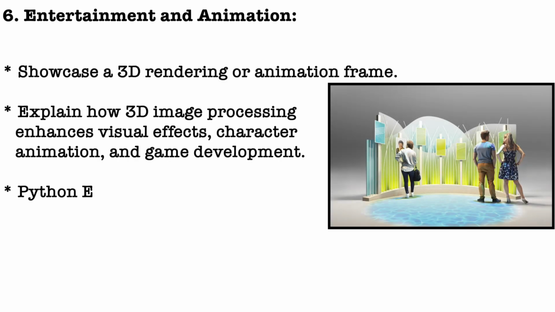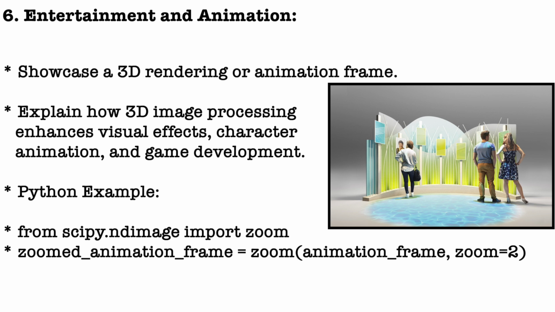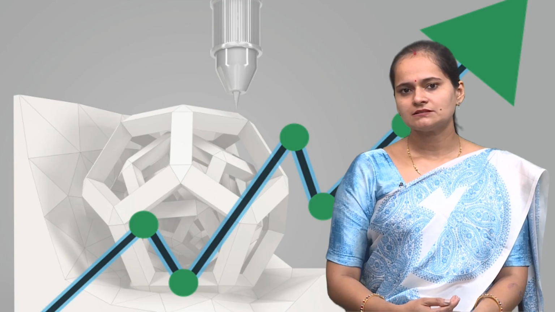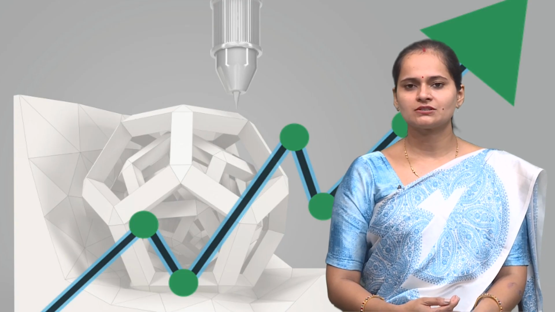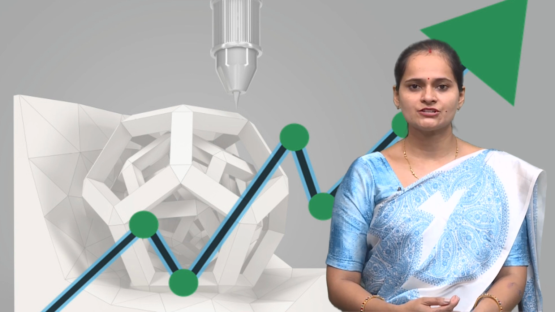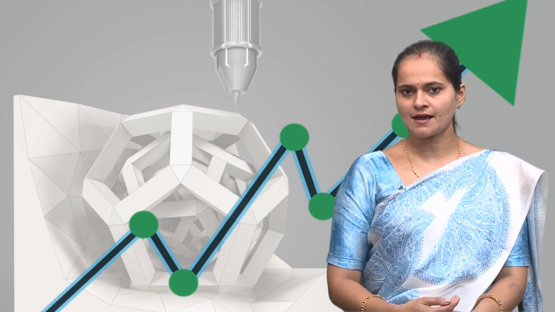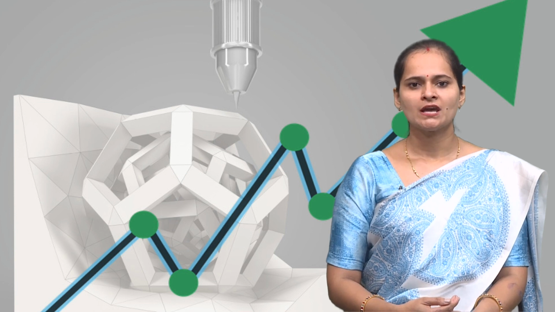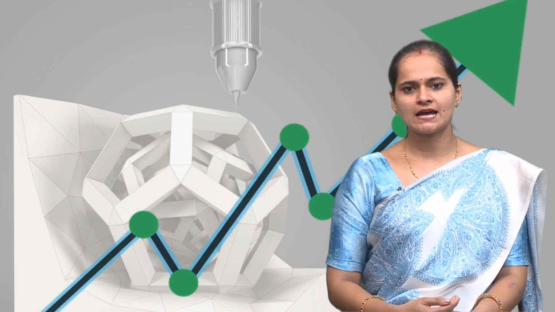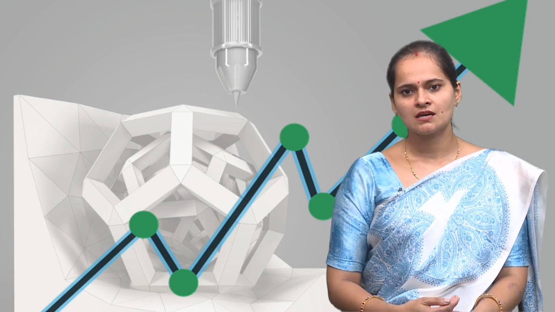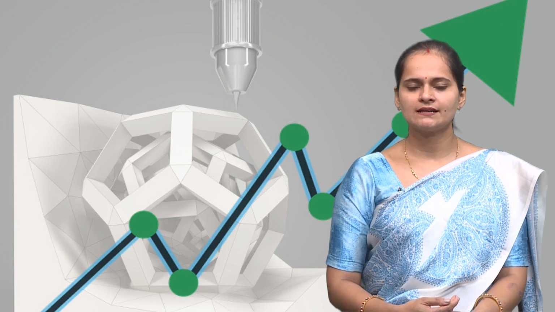In this it defines how 3D image processing enhances visual effects, character animation and game development, and this is the Python code for that particular application. So by illustrating these real world applications of 3D image filtering and segmentation with specific examples and Python code, we emphasize the versatile impact of these techniques across various fields and industries.